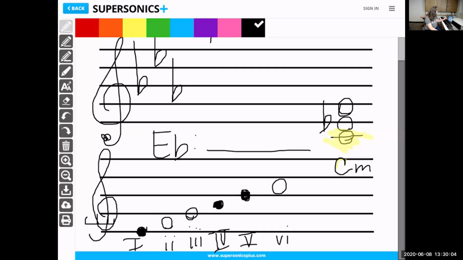If you were to draw the chords, obviously, on all of those scale notes, you would see a C minor chord. So our correct answer for this one, C minor, is the 6th chord in the key of E flat major. Hopefully that makes sense.